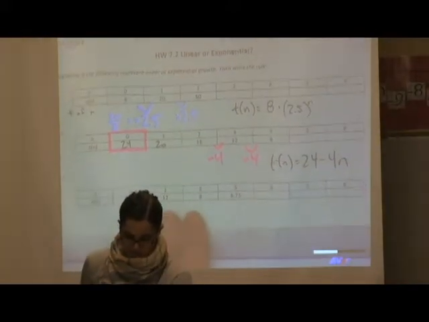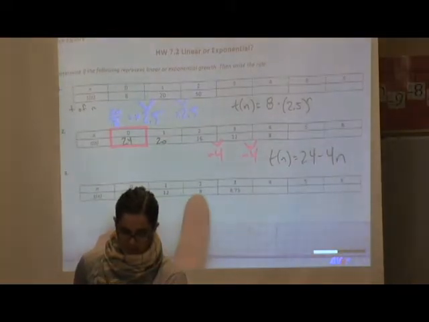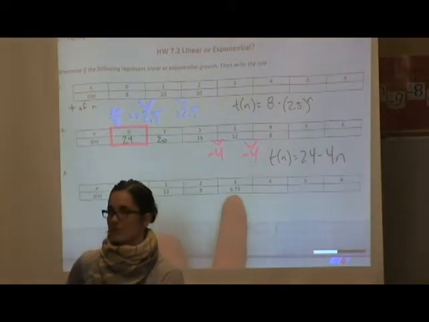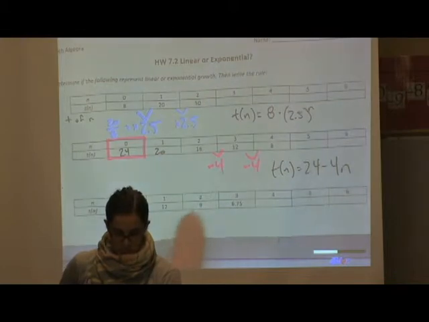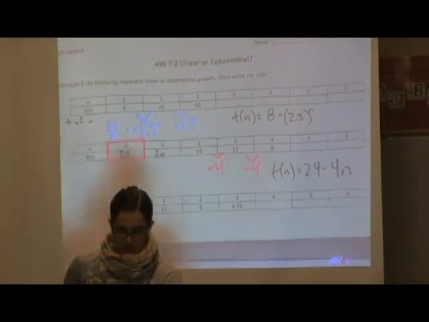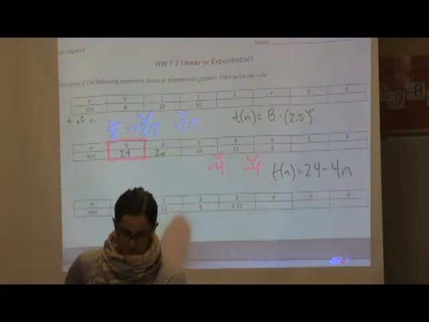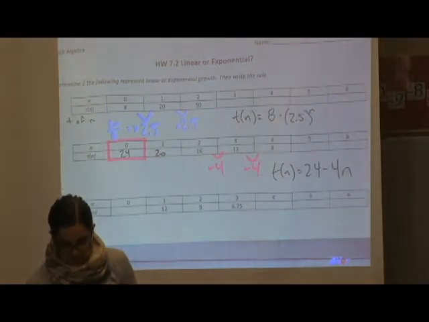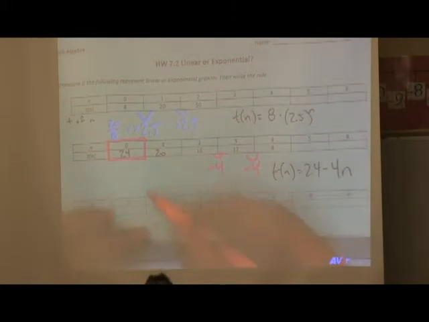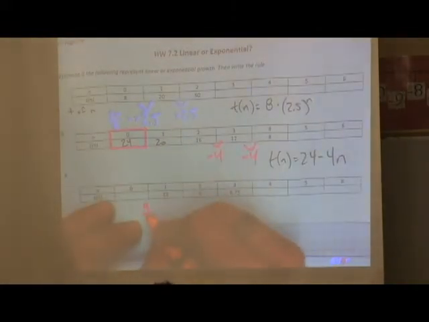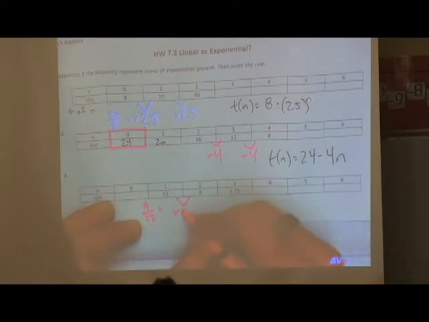Okay. Last one. Again, I can see 12 minus 3 is 9, but 9 minus 3 is not 6.75. So I'm going to figure out my multiplier again, the same way we did up here. When I do 9 divided by 12, I get that I'm multiplying by 0.75.